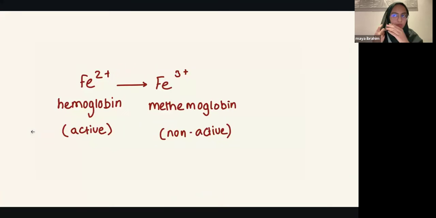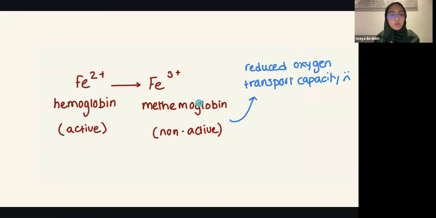Remember the iron that's in the heme group, the iron that carries the oxygen. When it releases the oxygen to the tissues, it gets converted from Fe2 plus to Fe3 plus. Why is this very significant? Because when it's converted to Fe3 plus, it's converted from hemoglobin to methemoglobin. And methemoglobin has a reduced oxygen transport capacity, so it can't transport oxygen that well.